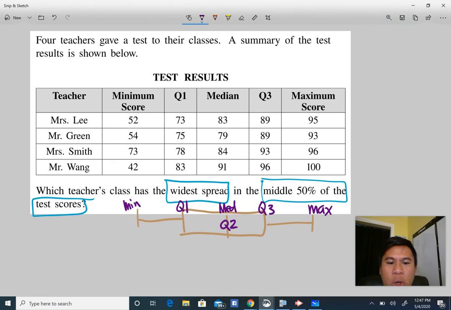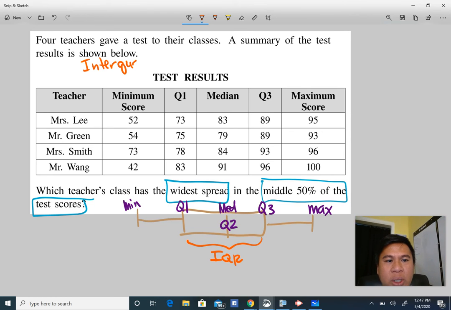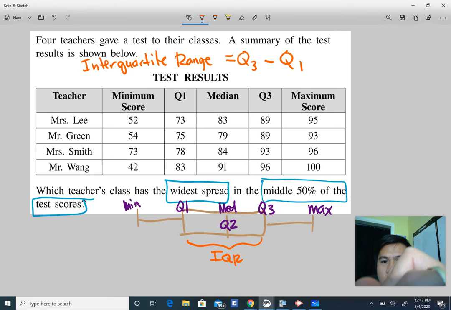So when you talk about the spread of the middle 50% of the test scores, we are in fact talking about what we call the IQR, or the interquartile range. The interquartile range is simply the difference between the upper quartile, Q3, and the lower quartile, Q1.